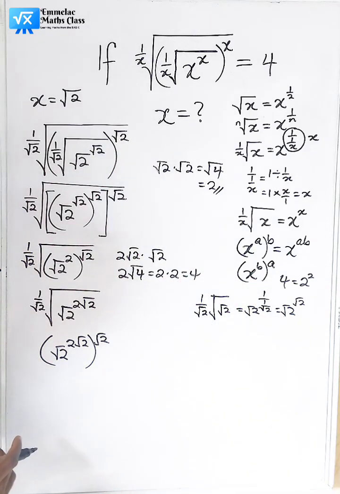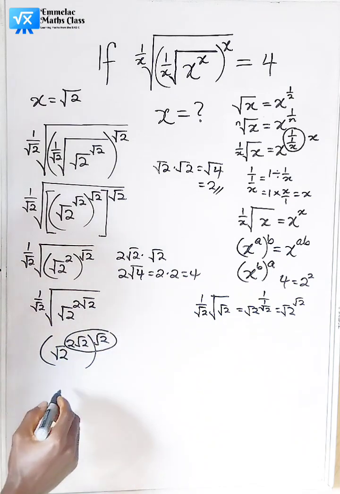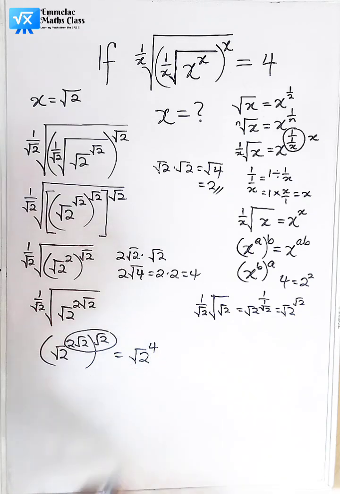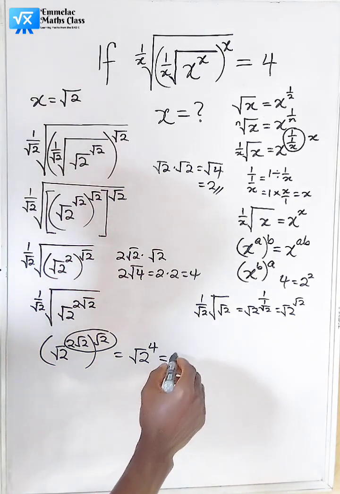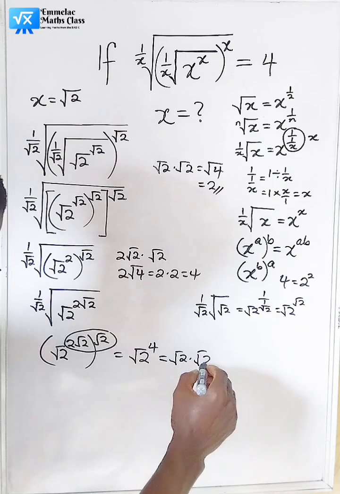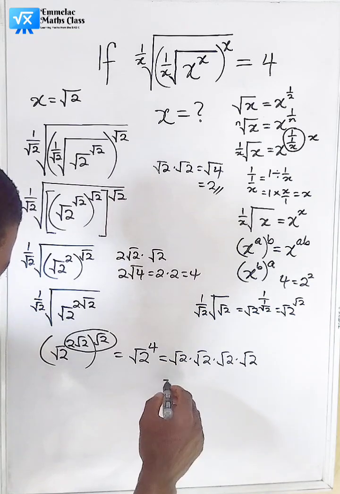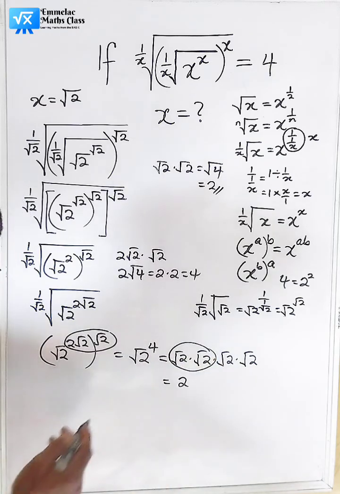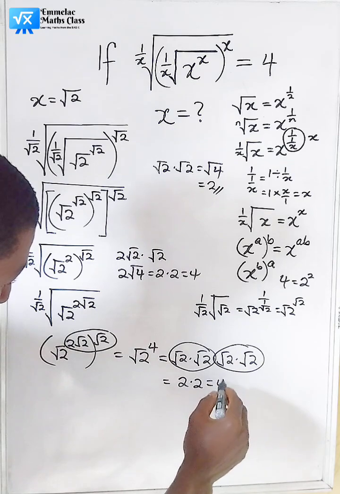So the whole of this then will give us root 2 raised to the power of 4. Now which will give us root 2 times root 2 times root 2 times root 2. Then this is 2, because this will give us 2, then times this will also give us 2, which is 4.